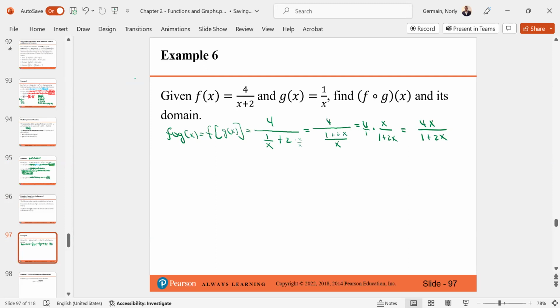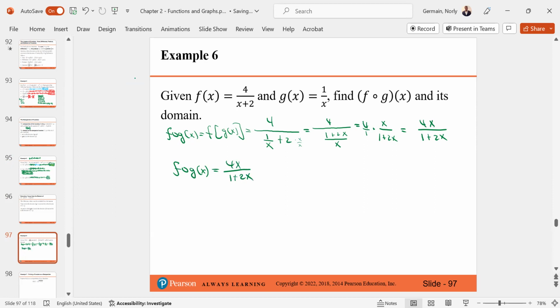First of all, I look for the same denominator. Then I have a fraction divided by a fraction. I keep the first one as is, 4 over 1, and I flip the second fraction and change the division sign to a multiplication sign. So for us, this is f∘g of x equals 4x over 1 plus 2x.